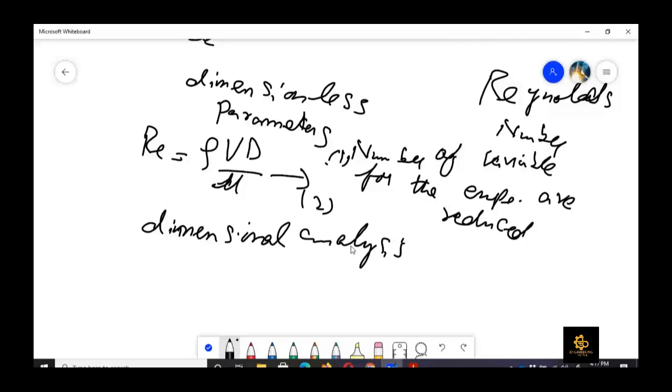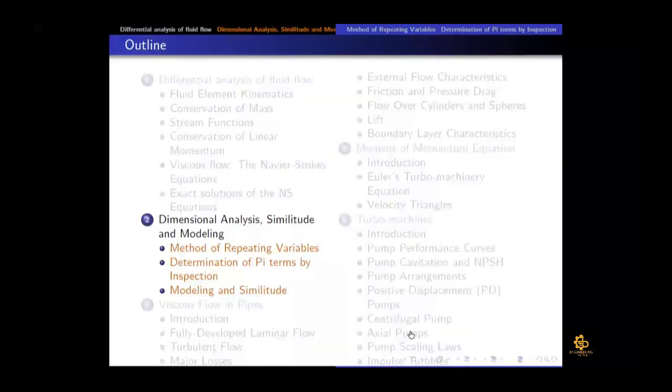So we can compare the results. For comparison purposes, it is quite easy if we are conducting the experiments in dimensionless quantities. I have given you an overview, but as we go through the slides, all these things will become clear. So let's go through a few slides.